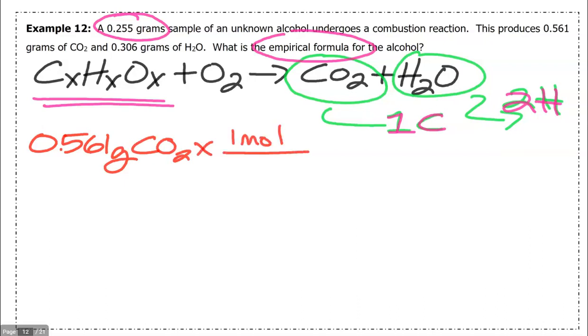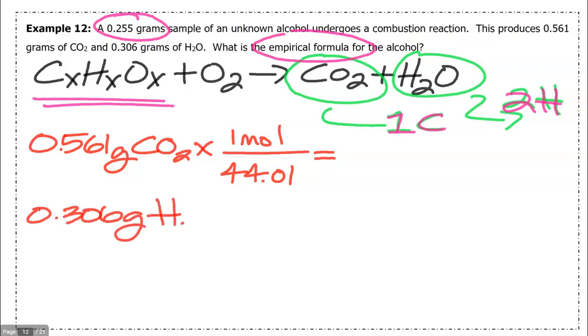Standard stuff, always go to moles for these empirical formula problems. We're going to do the same thing with the 0.306 grams of the water, and it also is going to end up going to moles.